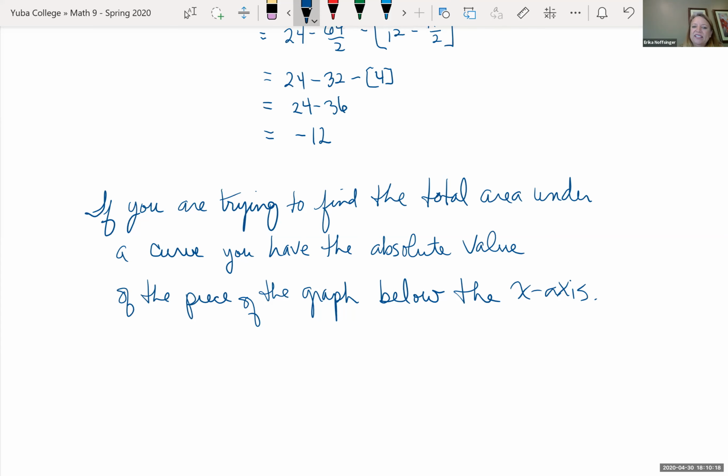So in our case, we would have had to look at, this is really the absolute value of -12, which is 12, which is exactly what we got for the area when we used some geometry.